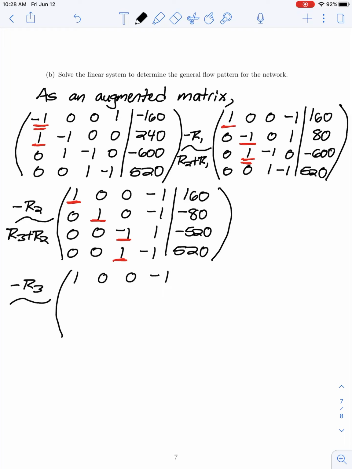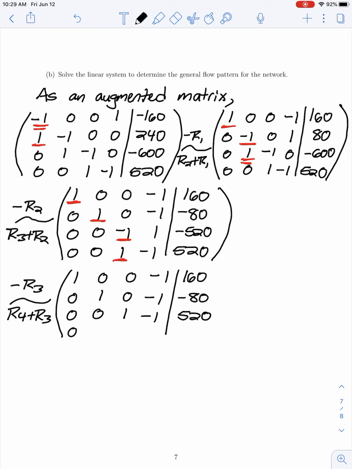So here we have 1, 0, 0, -1, 160, 0, 1, 0, -1, -80, 0, 0, 1, -1, 520, and in the same step I'm going to take row 4 plus row 3, which leaves me 0, 0, 0, 0, 0, since our third and fourth rows we said were identical. So now we have 1s for the lead entries in our first three rows with zeros above and below each of those leading entries.